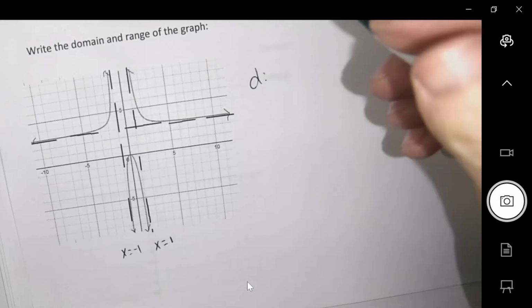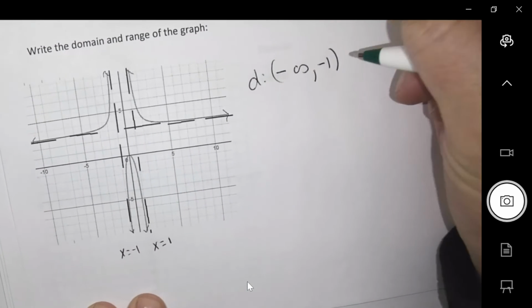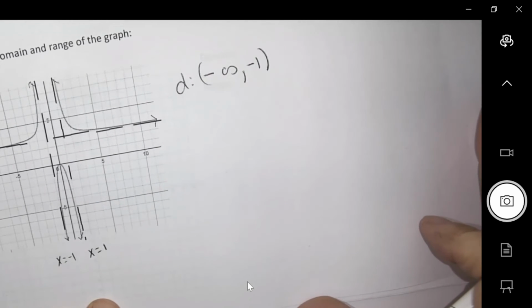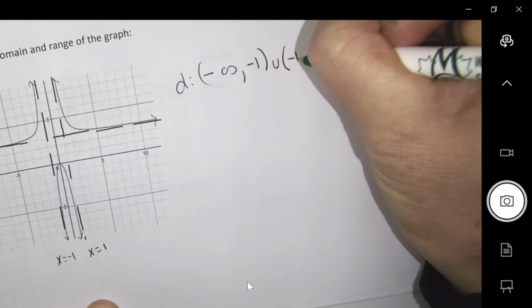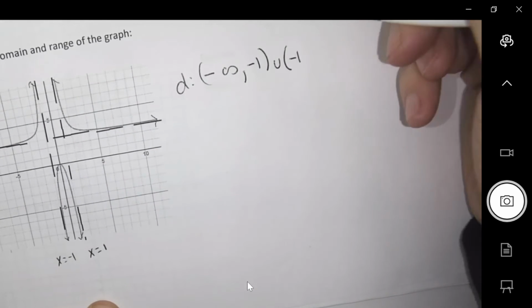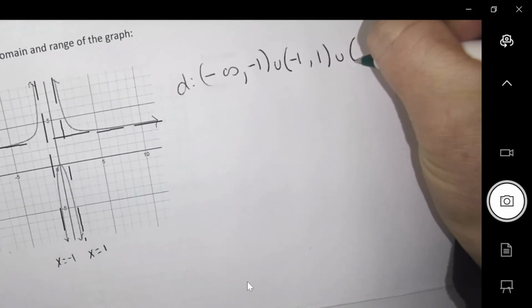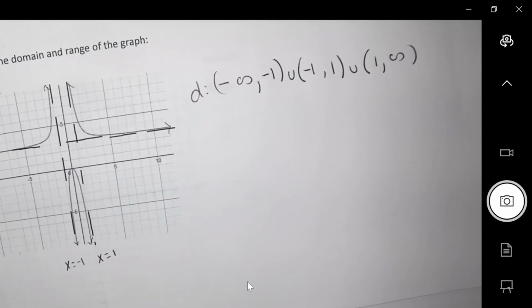So we're going to go from negative infinity up to the asymptote of -1. Then we have to skip it, start again right after, so -1 again, up to 1, skip over it, start again to infinity.